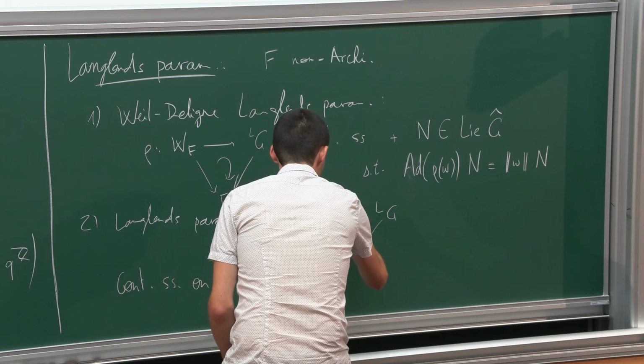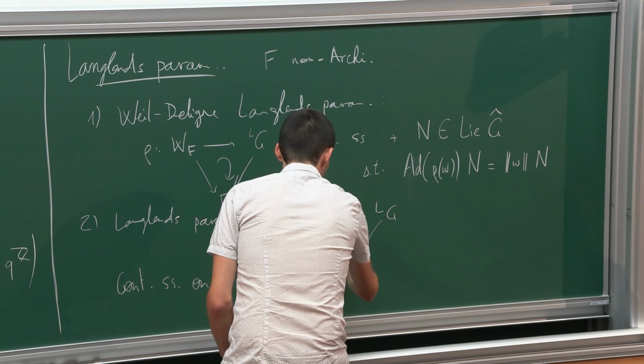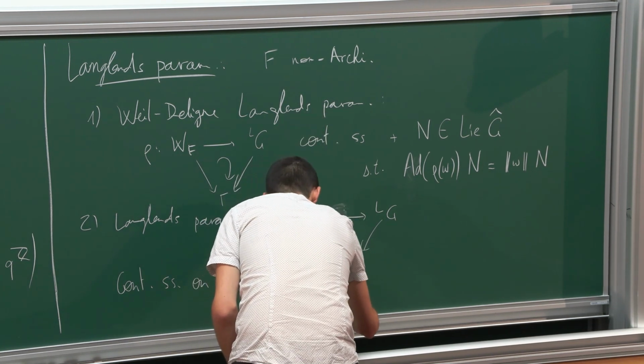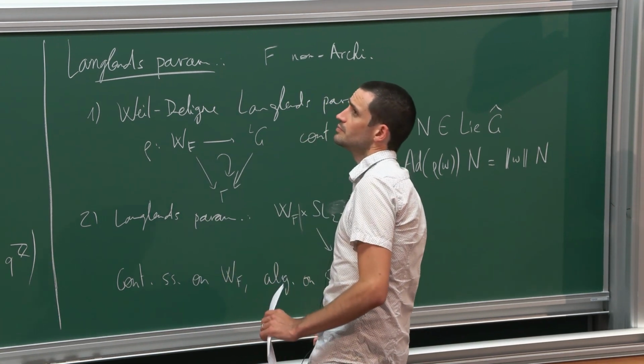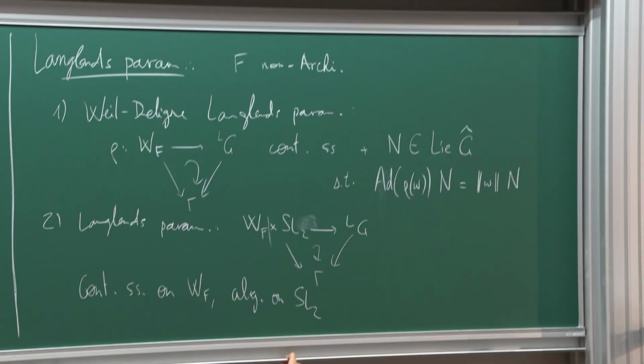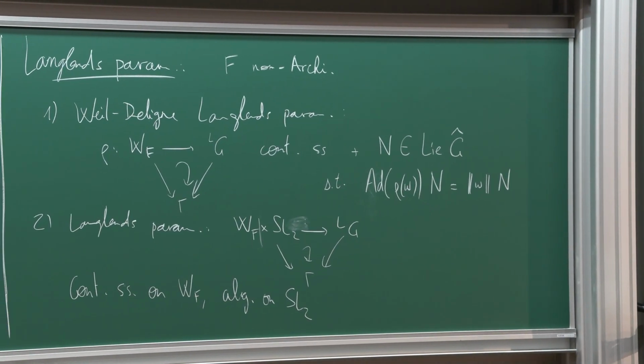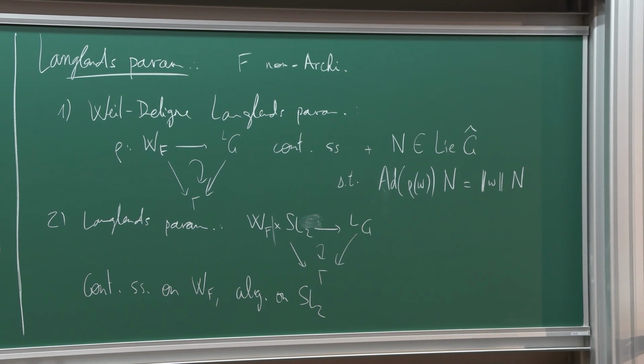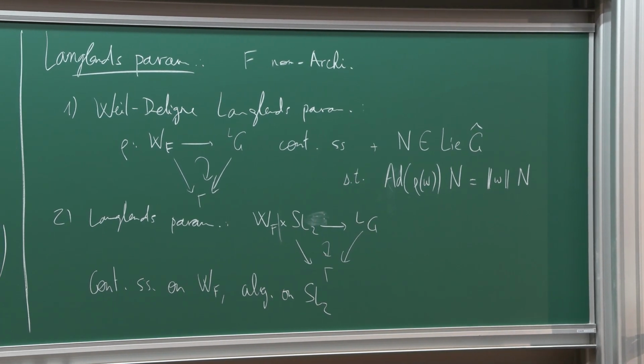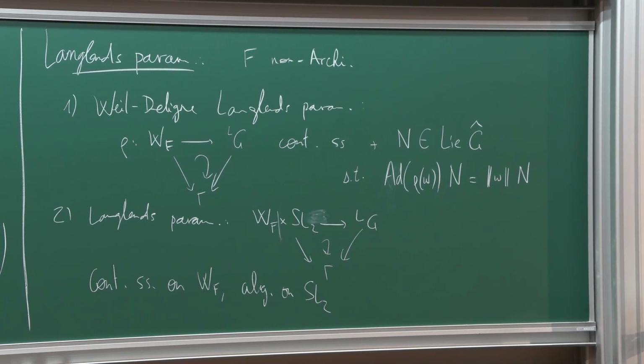So this should be SL2 of C if you want. So algebraic on the SL2. And the relation between the two is quite simple, but let me make it explicit.